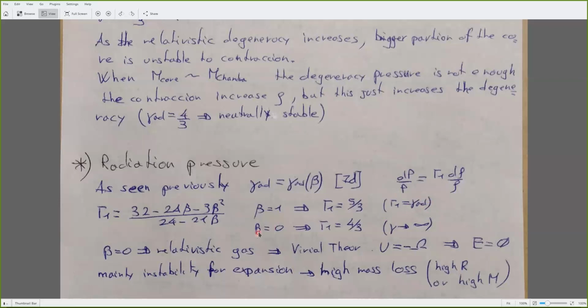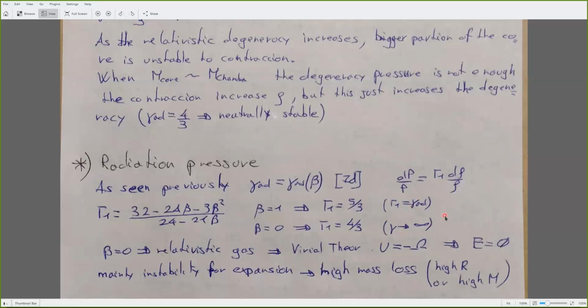If beta goes to 0, the pressure of the gas is less dominant, and what is dominant is radiation pressure. Gamma 1 goes to the value of 4/3. In this case, it is not similar to the adiabatic coefficient because that goes to infinity.